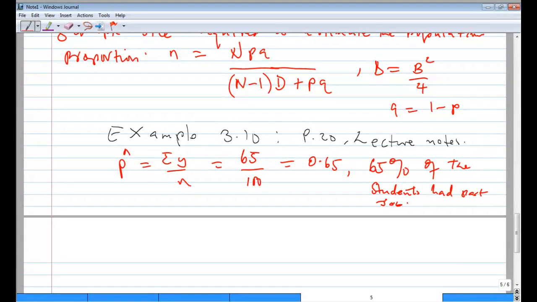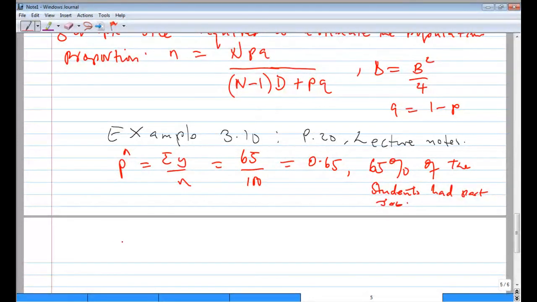It is for the estimated population proportion, because there they said estimate, isn't it? They didn't say calculate the population proportion. They say estimate the population proportion. So the bound that you're looking for is the bound on the error of estimation for the estimated population proportion.